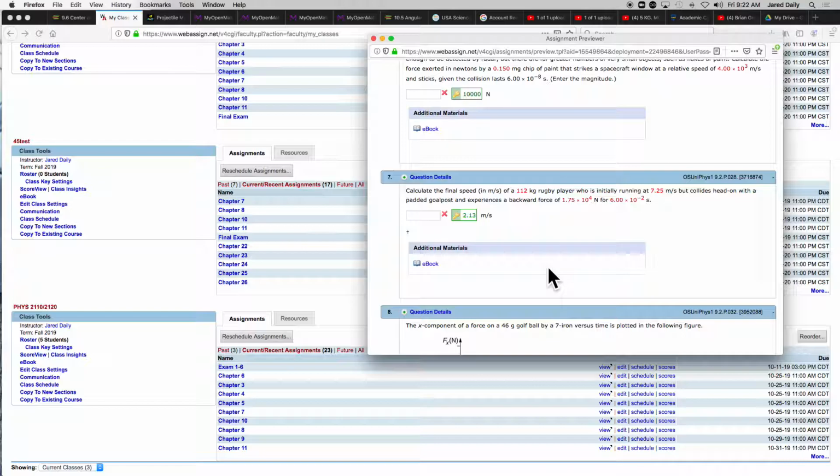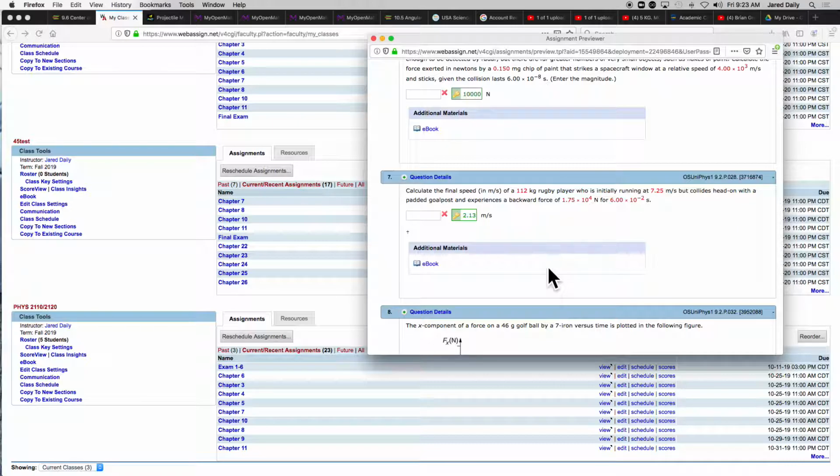I guess they're not really assuming a direction, so you can assume whatever one you want. So let's say that down is negative. His initial momentum is going to be negative 112 times 7.25, or 112 times negative 7.25. But anyway, it's going to be a negative number.